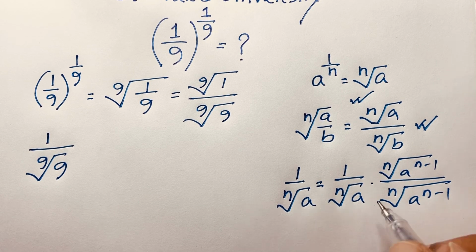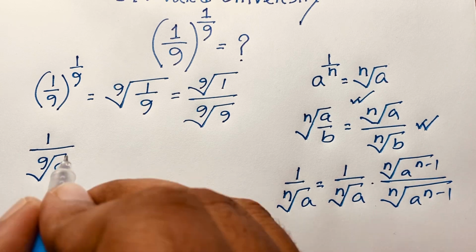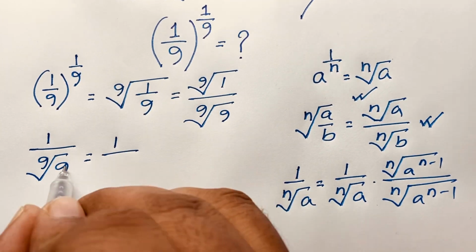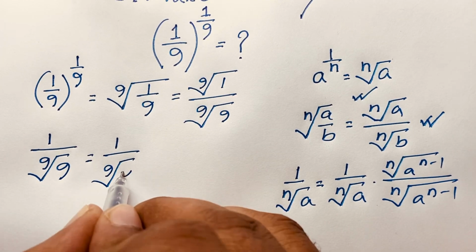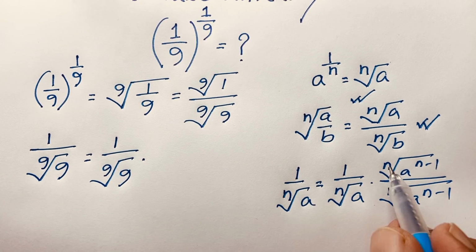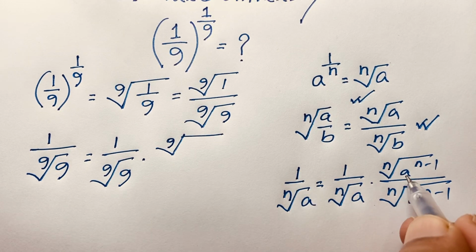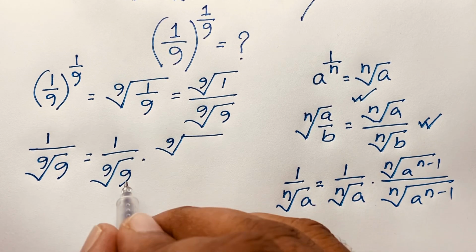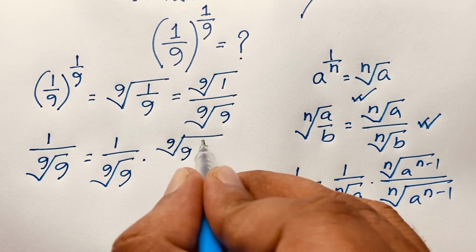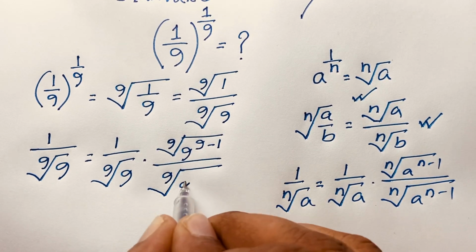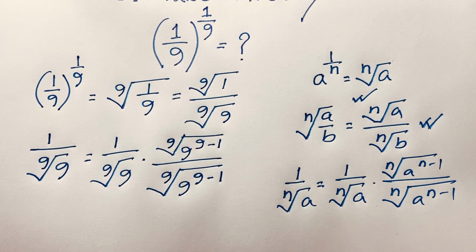Applying this formula here, it will be 1 over the 9th root of 9 times the 9th root of 9 to the power 9 minus 1, over the 9th root of 9 to the power 9 minus 1.